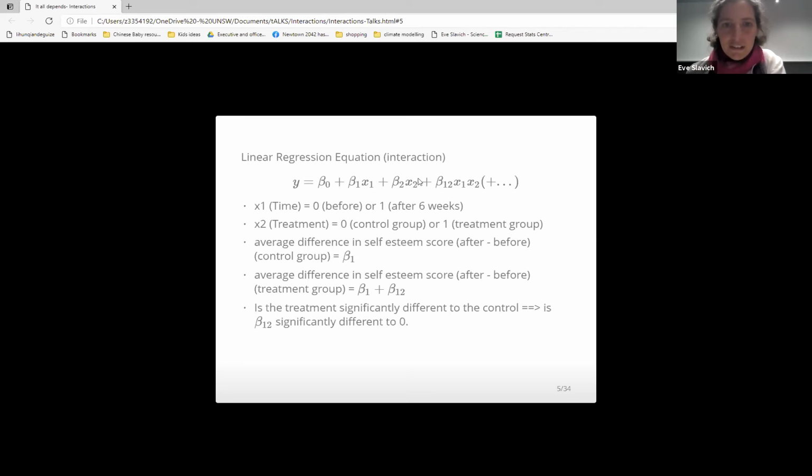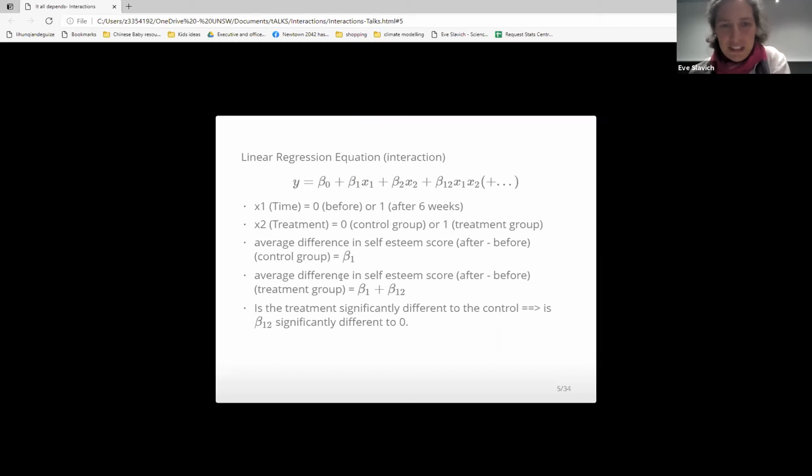And so this term here and this term here, they cancel out because they've got zeros in them. And so the difference between the control group, the before and after, is going to be beta1, because it'll be beta0 plus beta1 minus beta0.